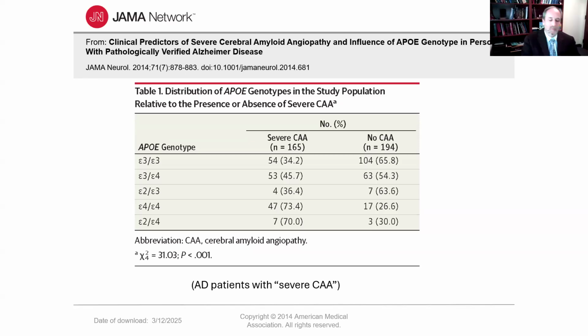So basically, imaging can only get you so far. ApoE genotyping can only get you so far. There are going to be cases of severe cerebral amyloid angiopathy that appear in large case series that, again, cannot be predicted on the basis of genetic risk or on the basis of an MRI scan.